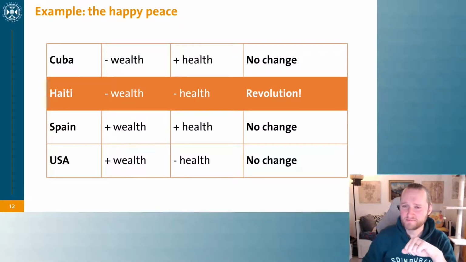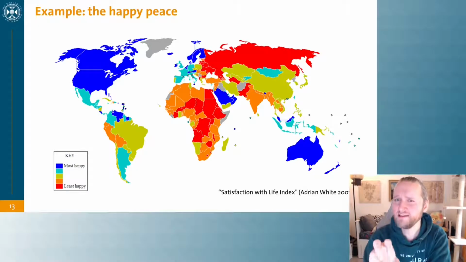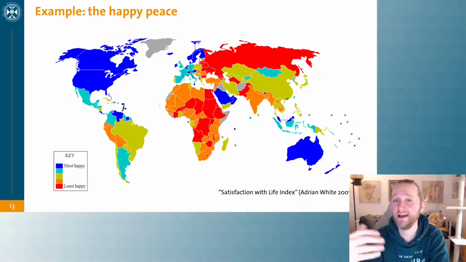Now, if you think, though, that my theory is completely without merit, because I've just made a biased case selection here that happened to confirm my hypothesis, we can look at happiness around the world here. This is from a study in 2007 where Adrian White made a kind of meta index of happiness.